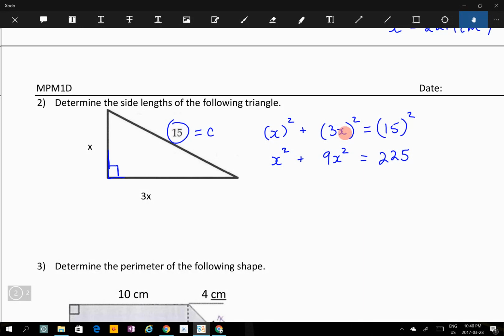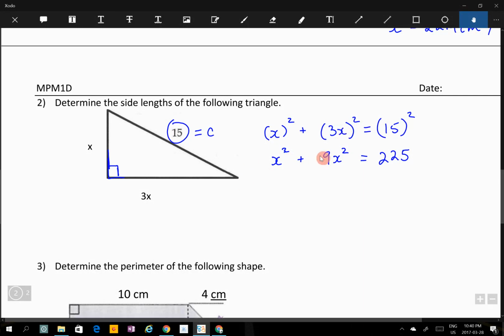Now I have two like terms on the left side. Add the coefficients. Remember, there's an invisible 1 here. So this should be 10x squared. And if my goal now is to solve for x, I have to isolate x, so it would help if I divide both sides by 10.